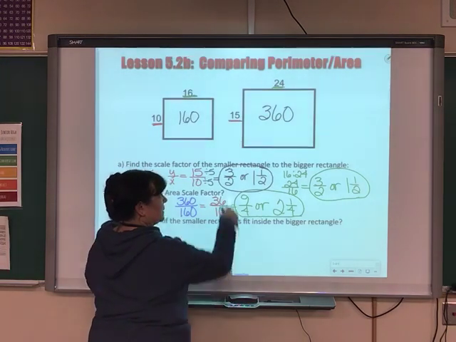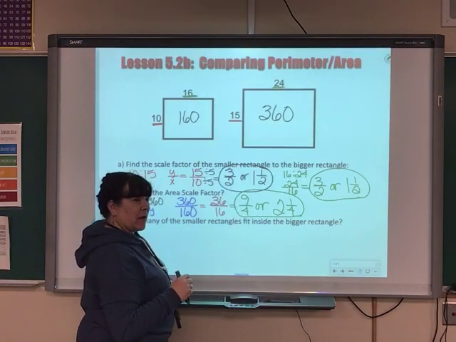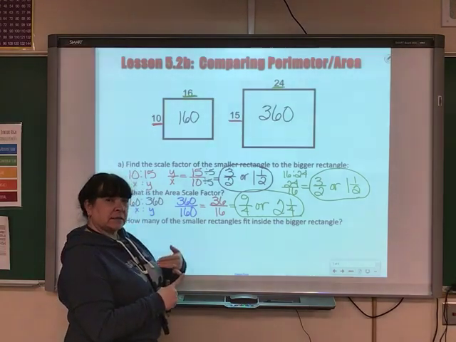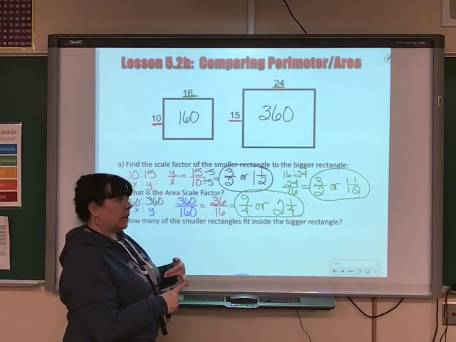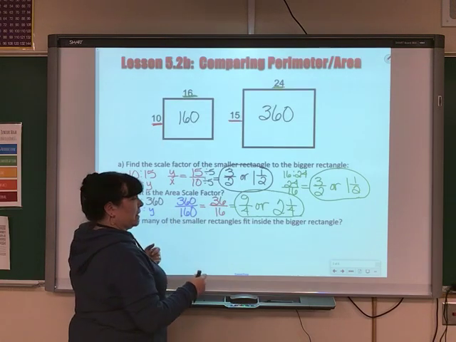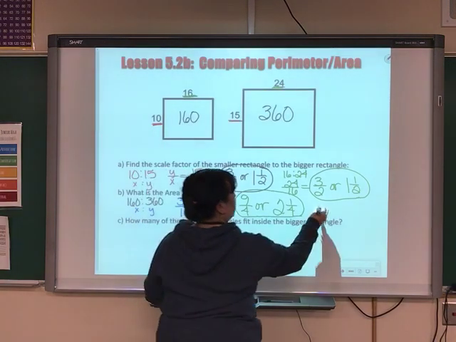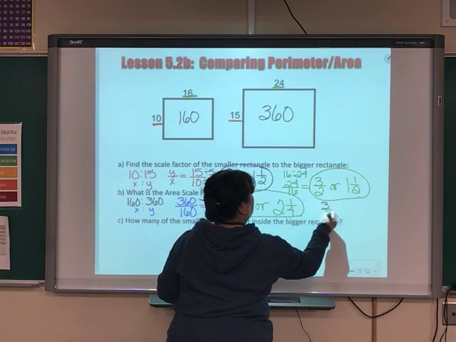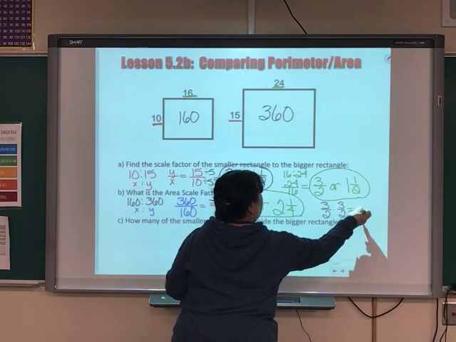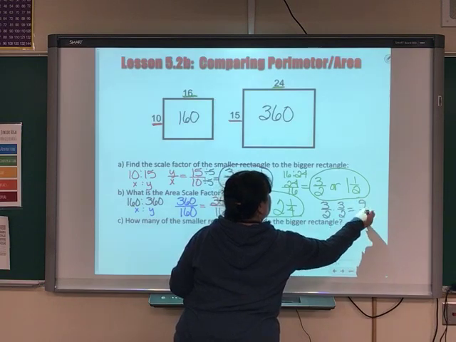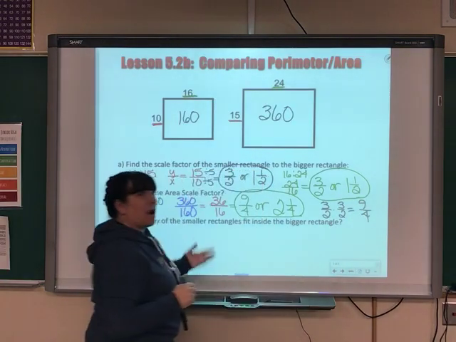If I take my scale factor, which would affect the size of sides and perimeter, and multiply it by itself, that would be 3/2 times 3/2, and amazingly that is 9/4.